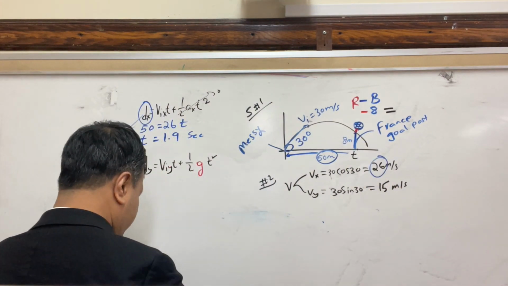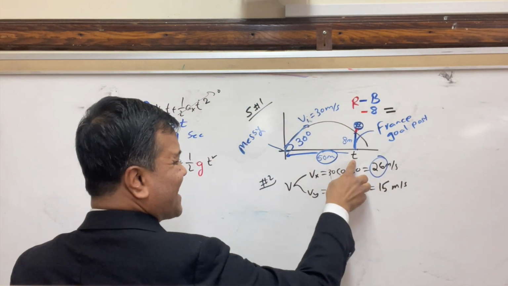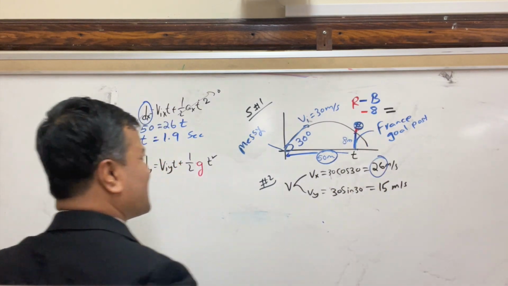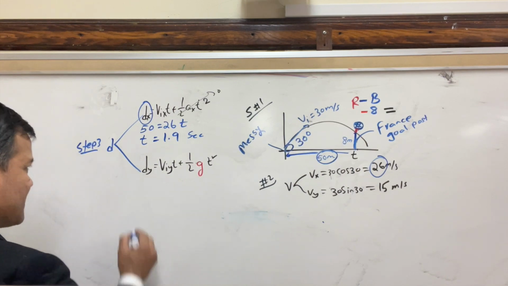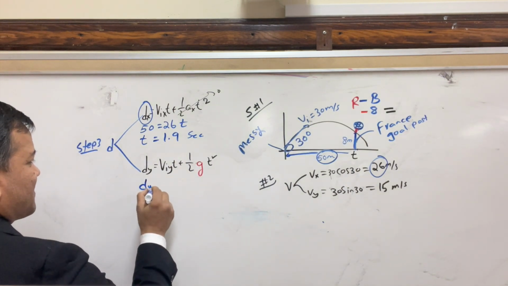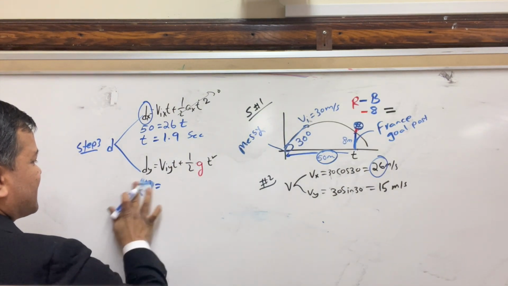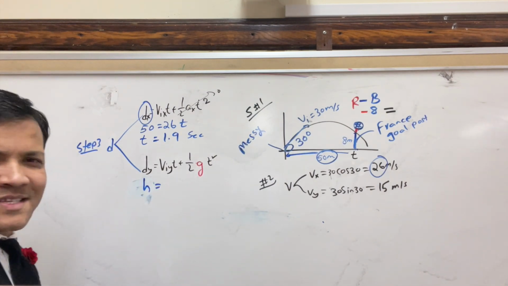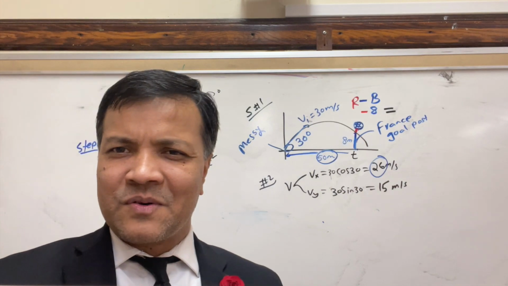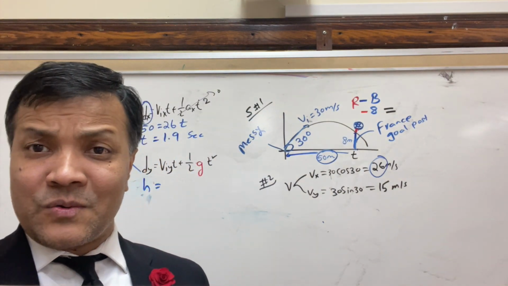That's the y. When the time is 1.9, what is the height of the soccer ball? So dy is the final we're trying to find, or you can say height. Instead of dy, you can say height. In physics, you have to know what you're solving for. Those equations are meaningless if you don't know what you're solving for.